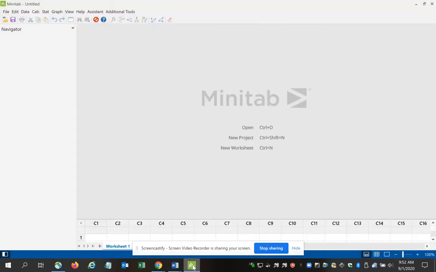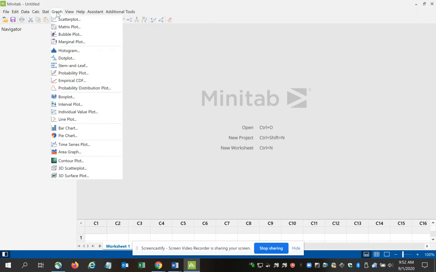Okay, so here are the commands. I'm in Minitab. I'm going to go to the Graph menu at the top of the screen, click, and scroll down to Probability Distribution Plot. I'm going to have Minitab draw me the picture as well as give me the answer.